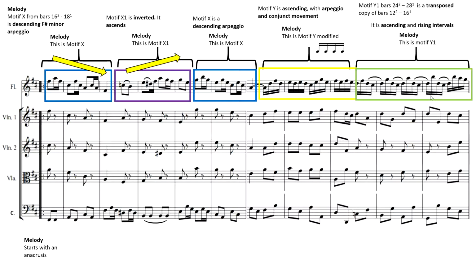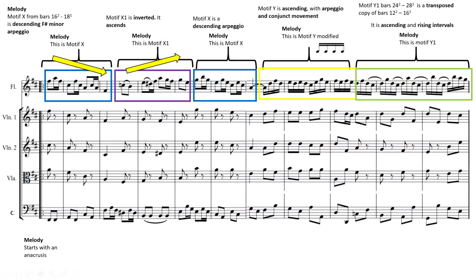But what's really interesting about this motif is this is a transposed copy. So, in section A, Y1, we would find it in bar 12 beat 2 to bar 16 beat 1. What Bach has done is transpose that melody from bar 12 beat 2 to bar 16 beat 1 and place it here.